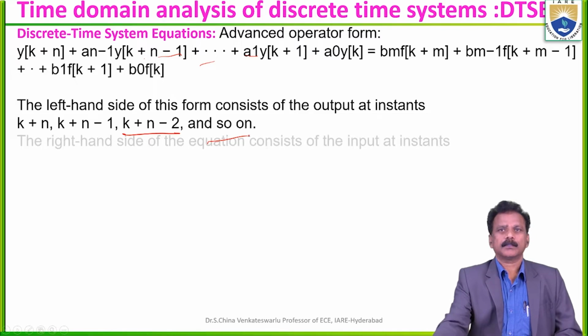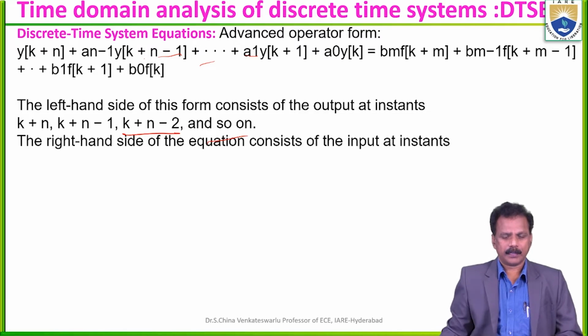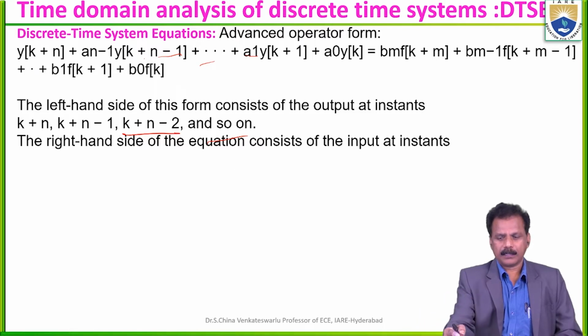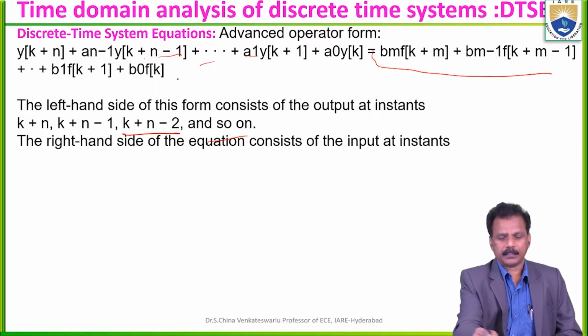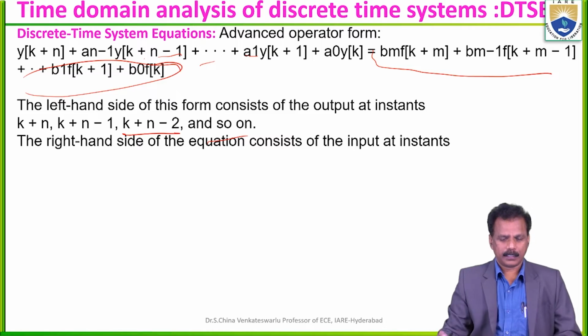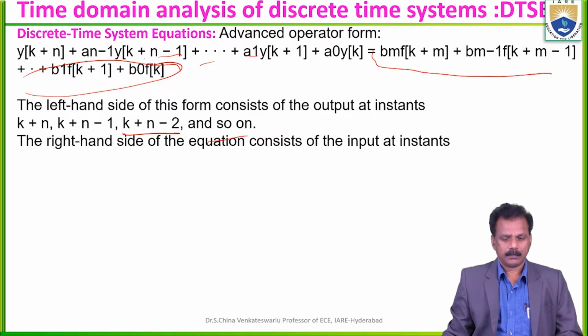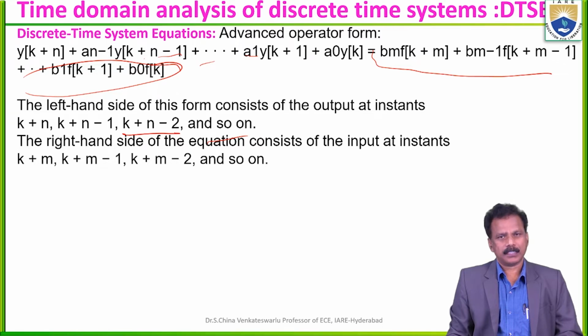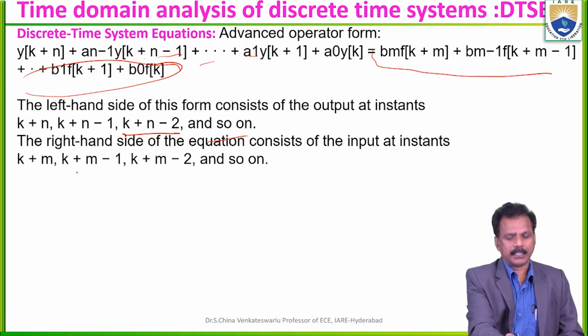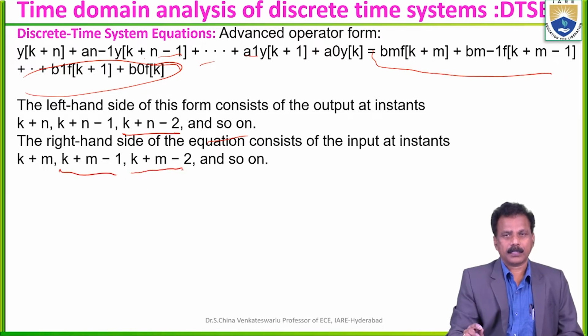The right hand side of the equation consists of the input at instants k plus m, k plus m minus 1, k plus m minus 2, and so on.